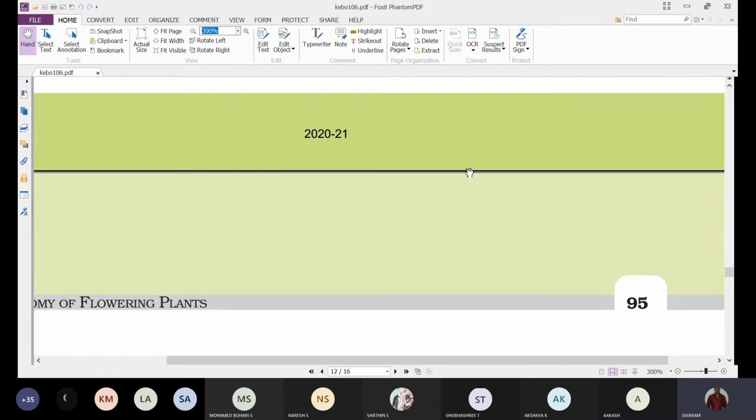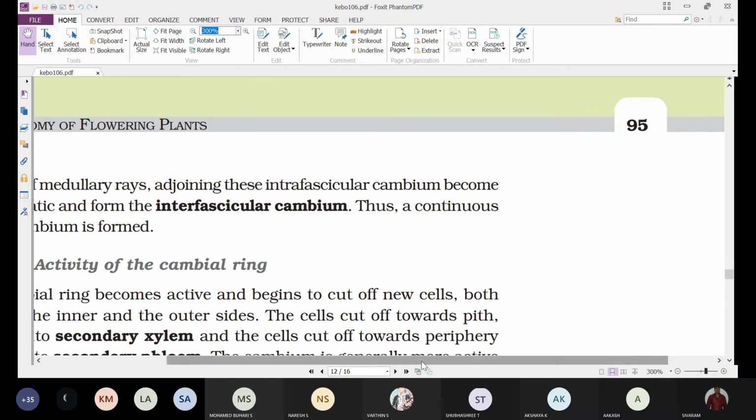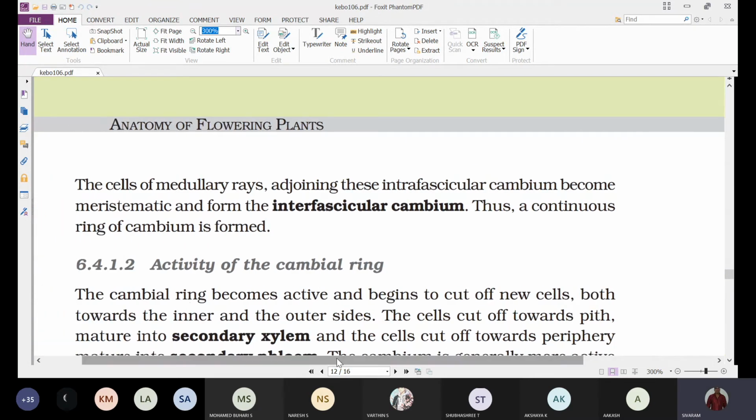Along with this, we find intervascular cambium. How is this intervascular cambium developed? The cells of medullary rays adjoining this intravascular cambium become meristematic and form the intervascular cambium.